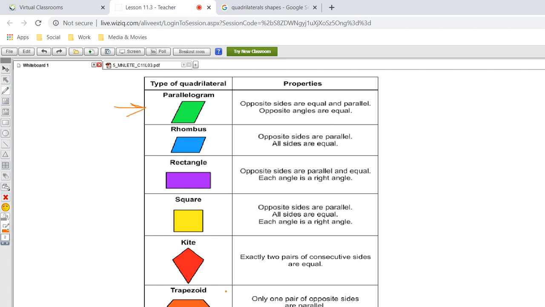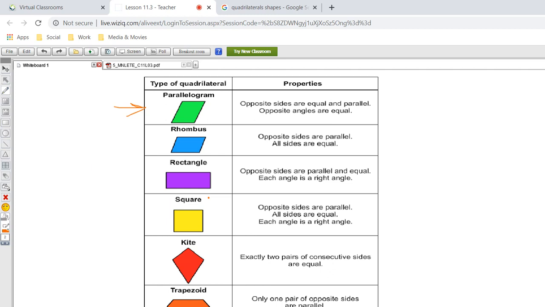Okay, all of the shapes have 4 sides, but with special properties. Each shape of it has special properties. So the first one is parallelogram.